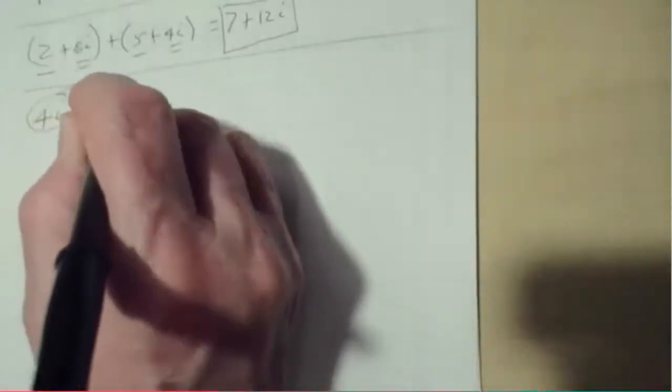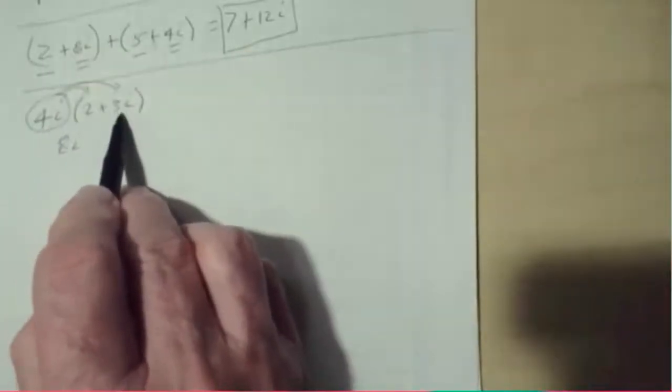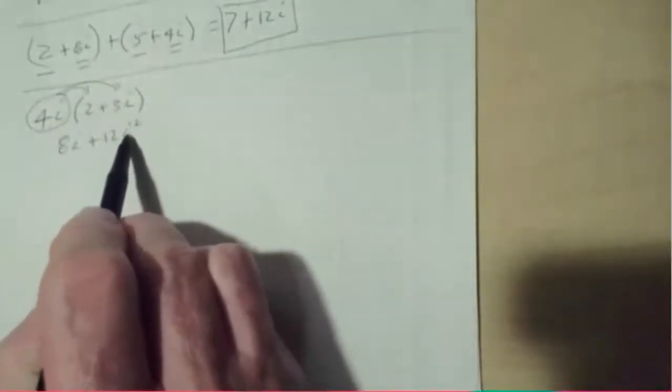4i times 2 plus 3i. Now remember, i is like a number, just like any other. However, it has some kind of special characteristics. So we're going to take the 4i and do the distributive property here. 4i times 2 is 8i, right? And 4i times 3i, don't forget the plus in here, is 12i squared, right?